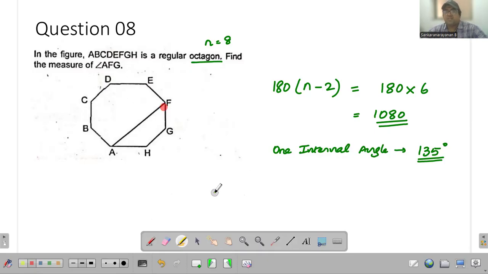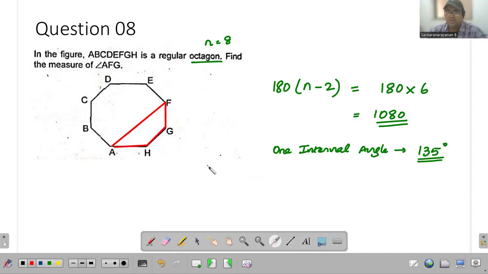But if you observe here, this A, F, G, H, and A, if I draw them with red color, can't we see that it's a quadrilateral? Let's not bother whether it is a trapezium or what.